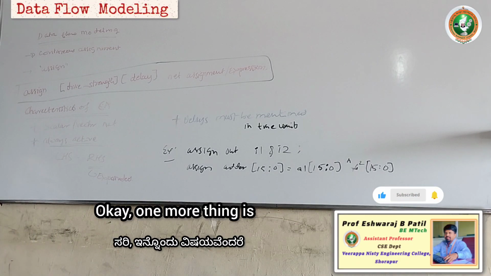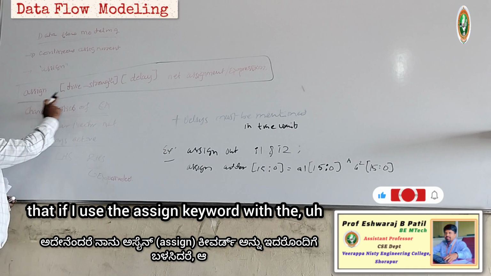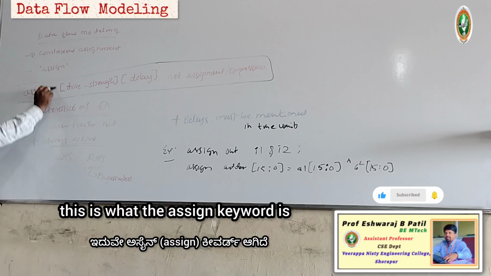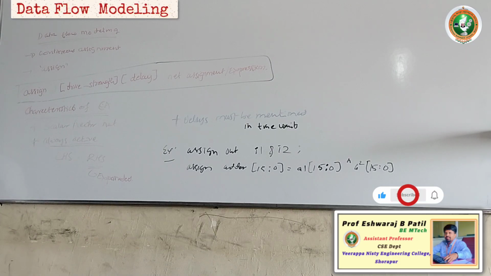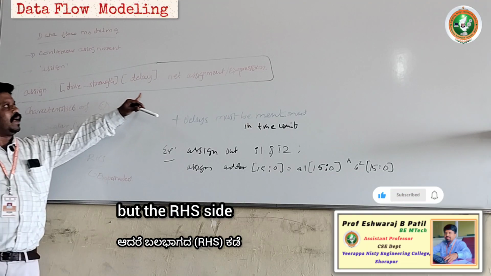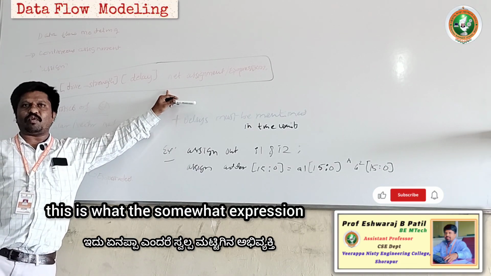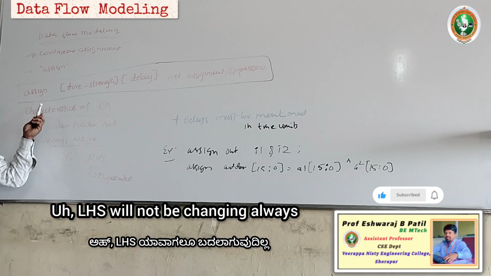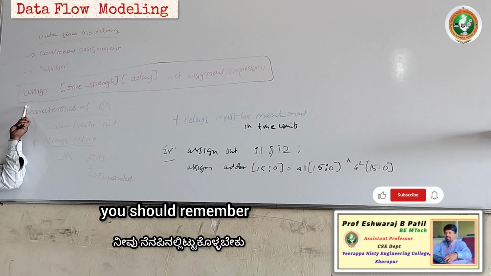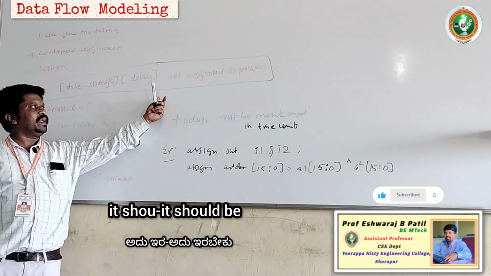One more thing: the assign keyword is the LHS part, but the RHS side is some expression. LHS will not be changing always, you should remember, but the RHS side can be changing.